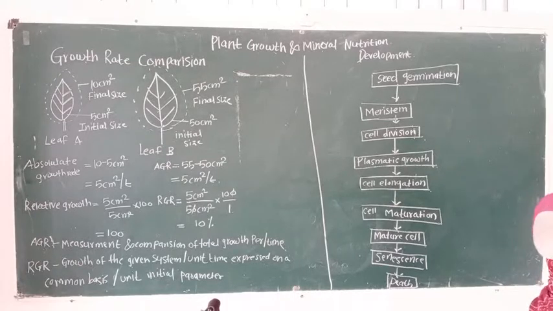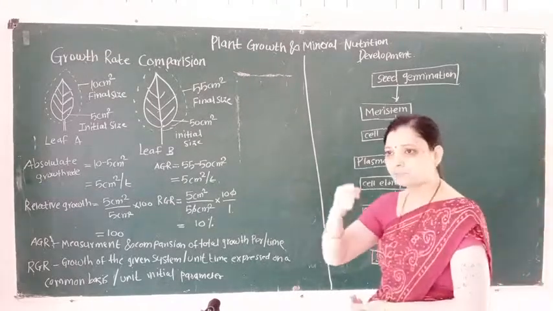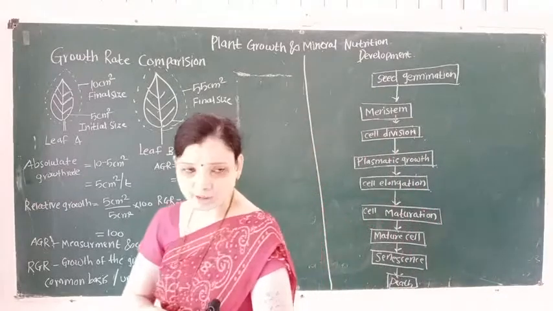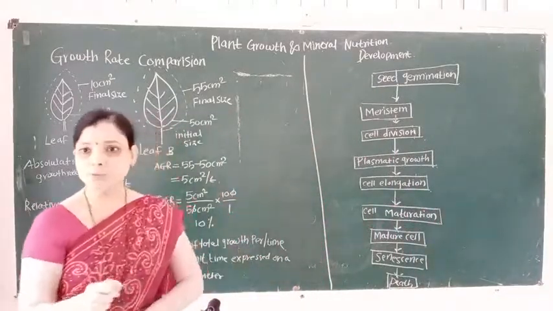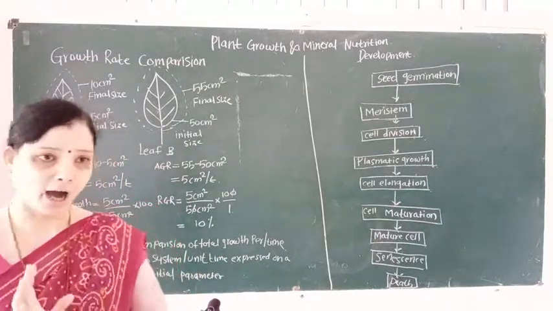First type is known as AGR and second type is known as RGR.